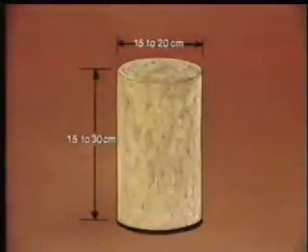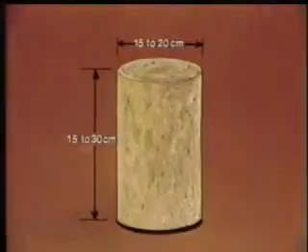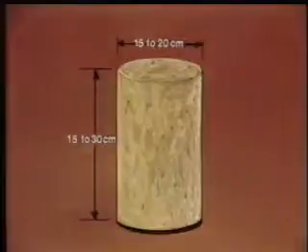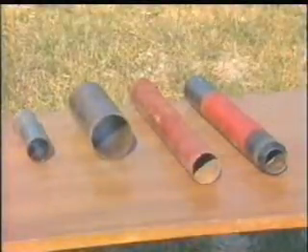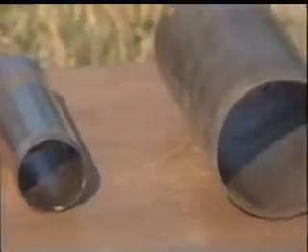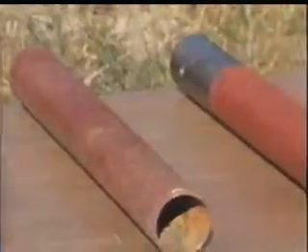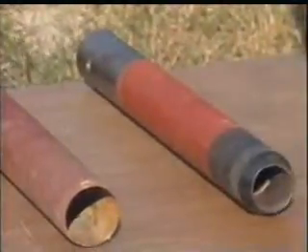Samples 15 to 20 centimeters in diameter and 15 to 30 centimeters long are frequently obtained using metallic cylindrical samplers. The samplers employed to obtain tube samples are classified as thick-walled and thin-walled samplers.